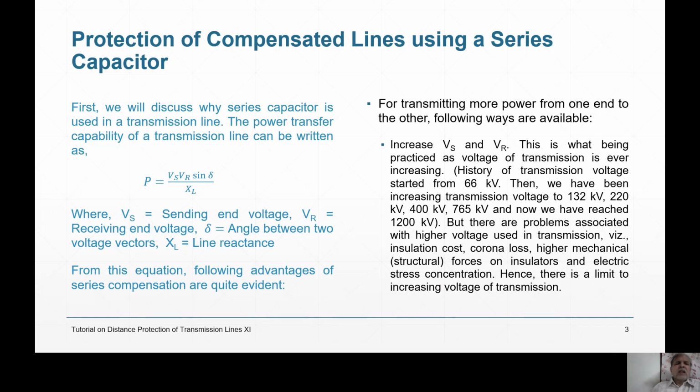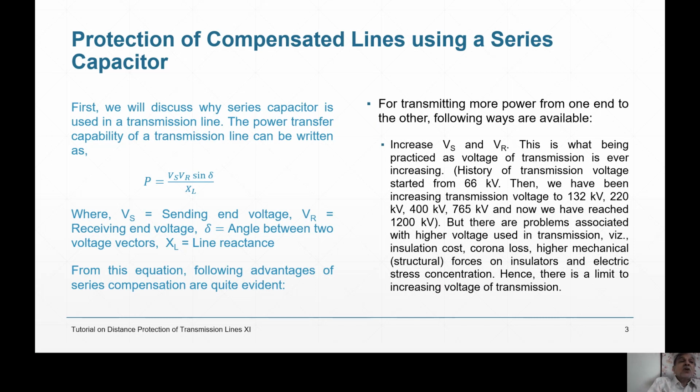Say if you talk of a line and a ground, then because of that heavy charge, there will be heavy force. Coulomb's law suggests that there will be force Q1 Q2 upon epsilon R square. And that stress is on insulator. So insulator may get impaired. Insulator may get damaged.